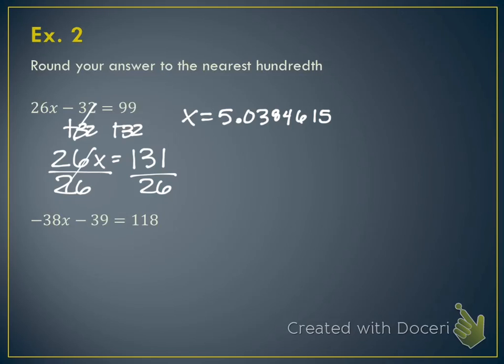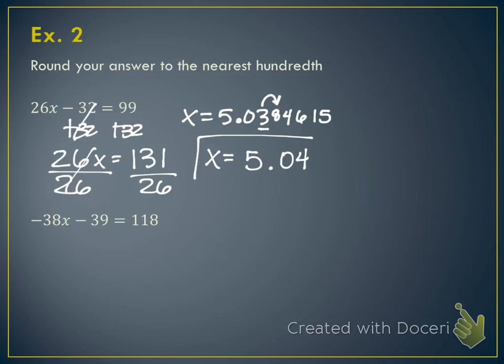Okay, so we've got this number that comes out in our calculator, and a couple of these numbers are going to actually be repeating, but they just want us to round to the nearest hundredth. So, Marley, what number is in the hundredth spot? 3. The 3. So what am I going to look to tell me what to do to the 3? The 8. And what does the 8 tell me to do? Very good. We're going to round up.